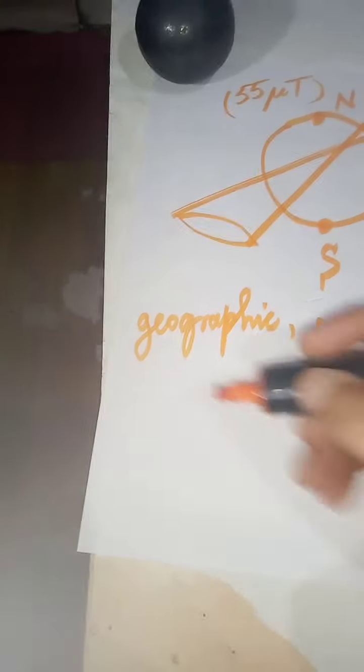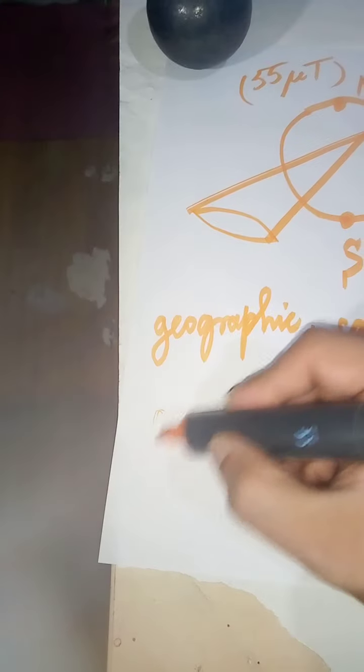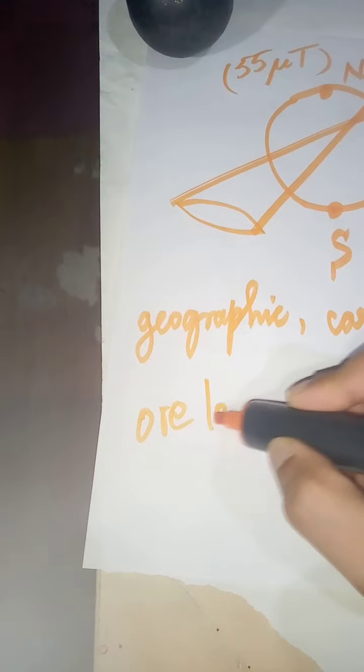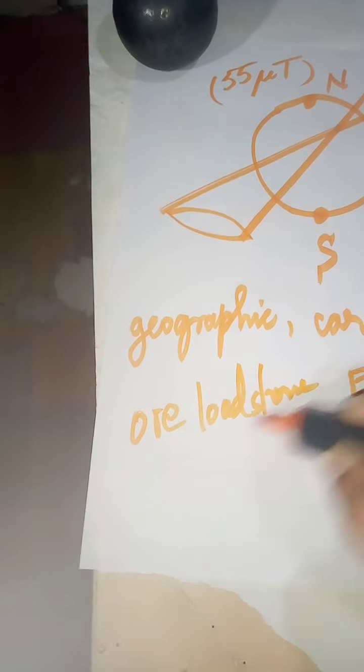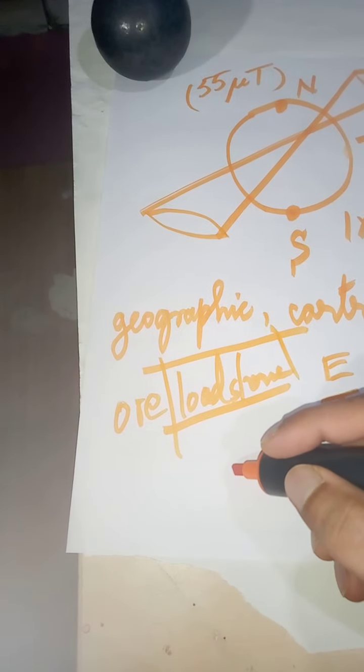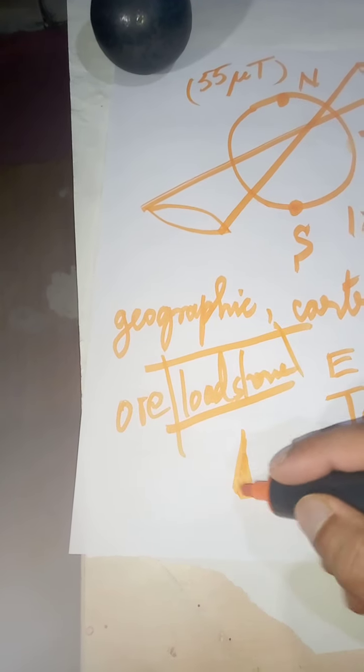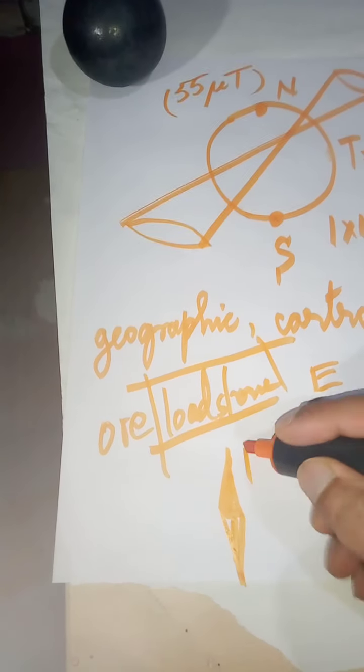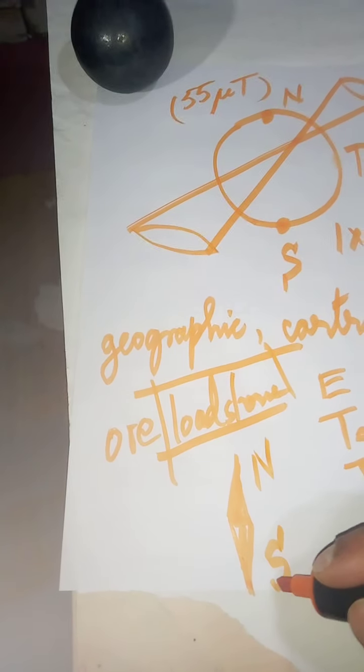So I say that there's an ore called lodestone, discovered in China, used in China along the same time when fireworks were discovered, and this stone always aligns itself to the north, and the bottom part goes to the south as a default.